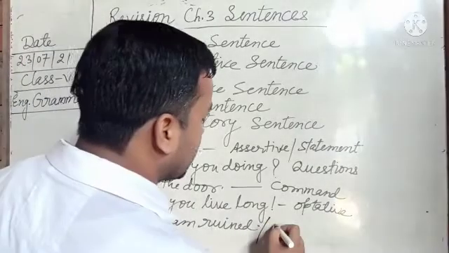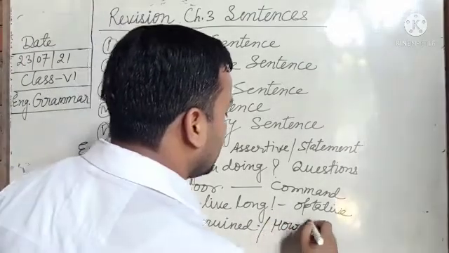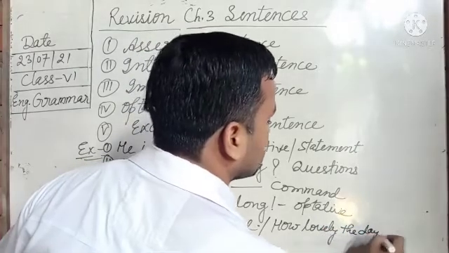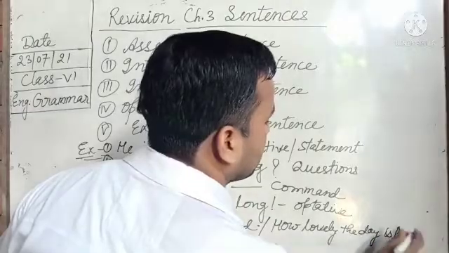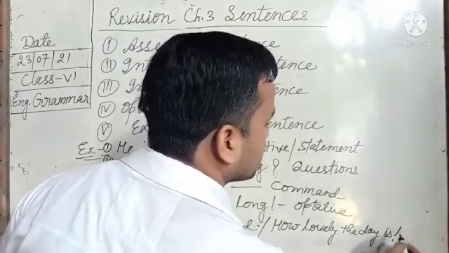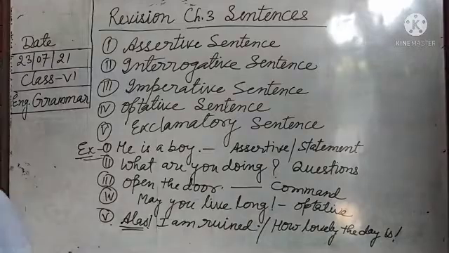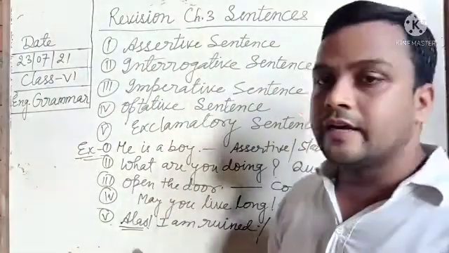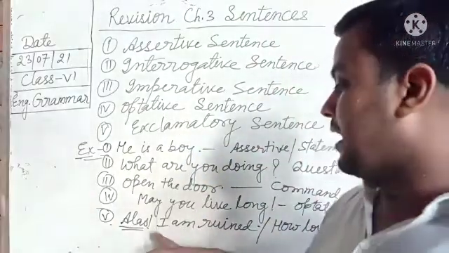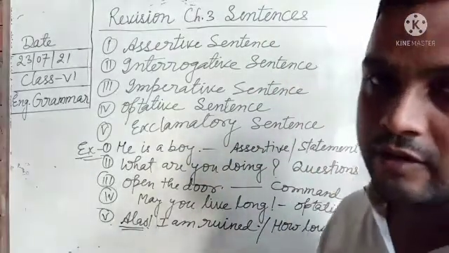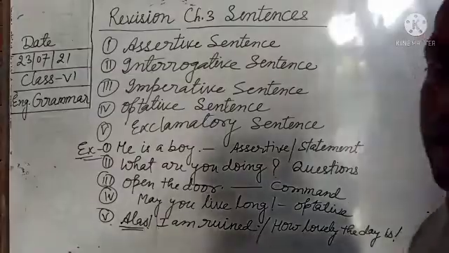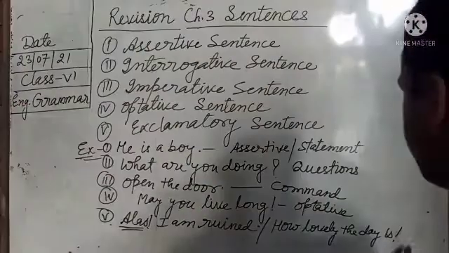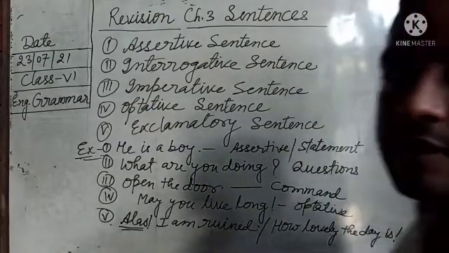Students, it also starts with what or how. How lovely the day is. So students, an exclamatory sentence starts with an interjection, and after the interjection there will be a mark of exclamation and at last a full stop, or it will start with what or how and there will be an exclamation mark at the end of the sentence.